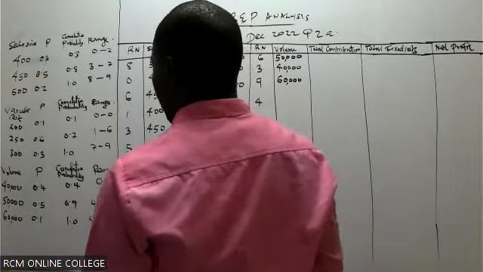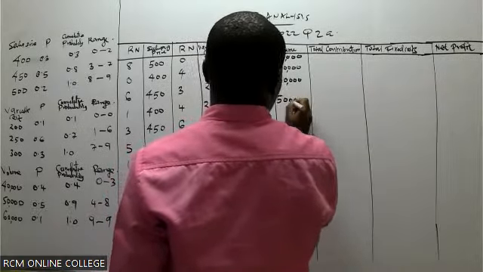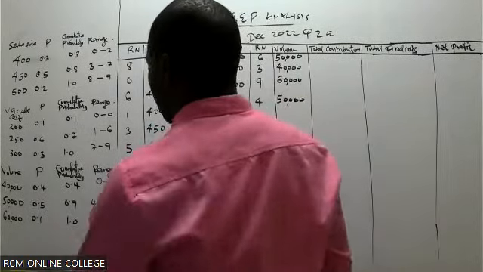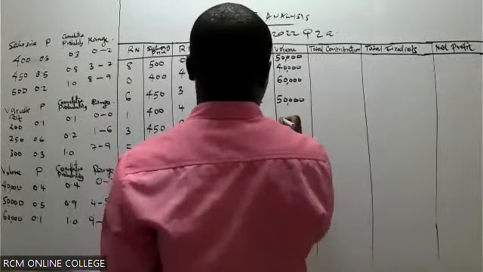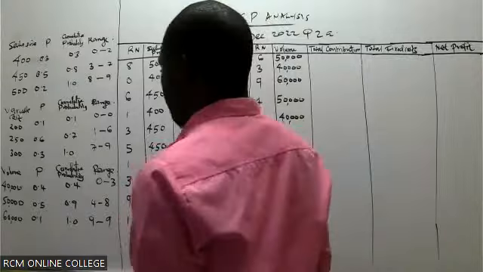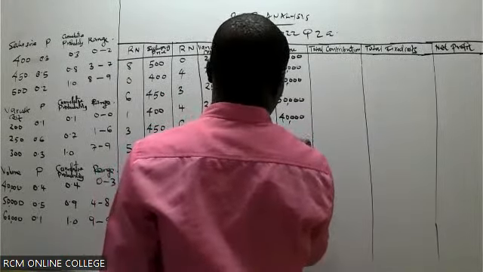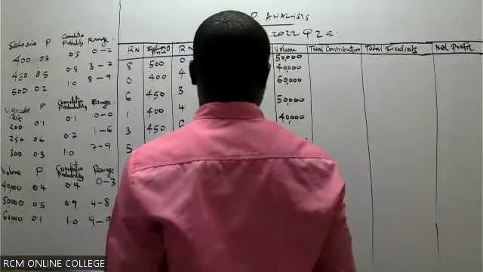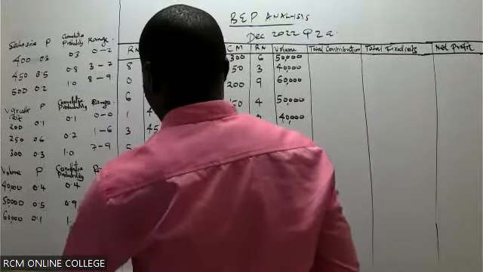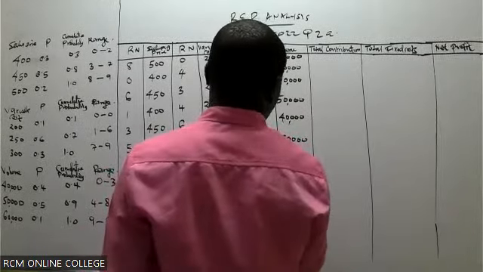Where do we get 4? Second one. Where do we get 0? The first part here. So that is 40,000. Where do we get 9? The last one here, 60,000. So I believe we are following that. The speed is okay. Here 7 is within that range, 50,000.